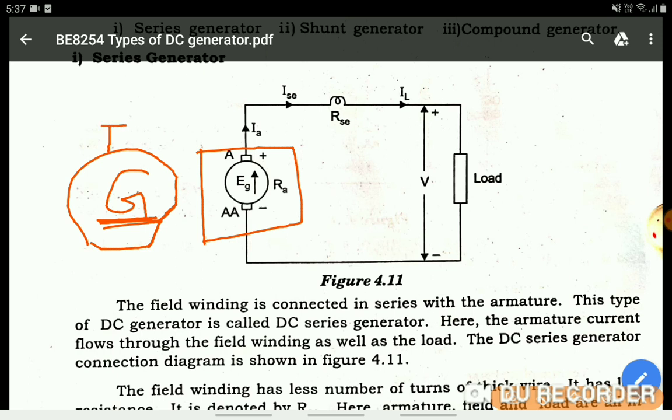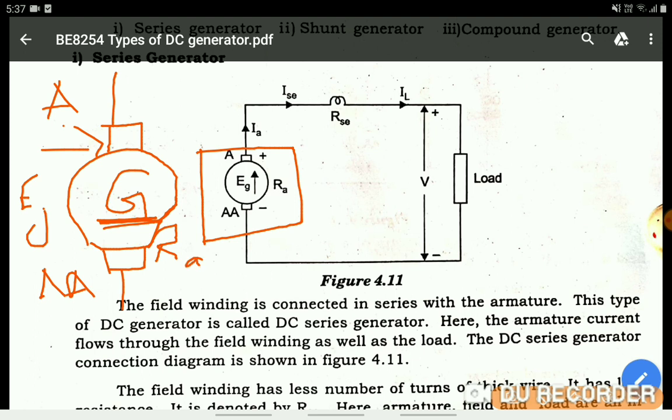The two projections over the top and bottom of the G represent the brushes, and the terminals taken from these brushes are the armature terminals A and AA. Here EG is the generated EMF and RA is the internal resistance of the armature.